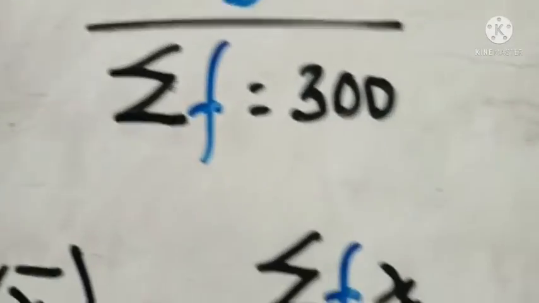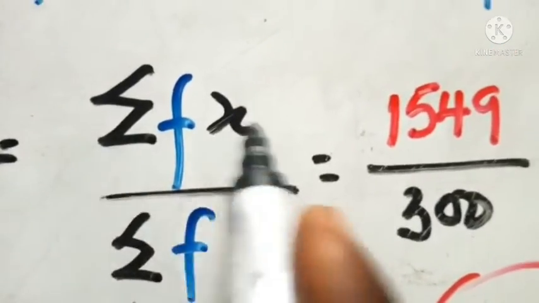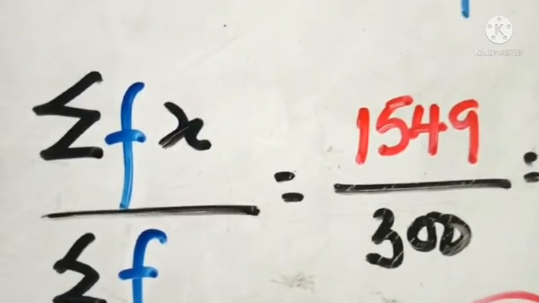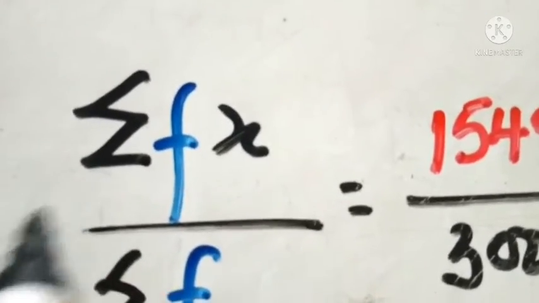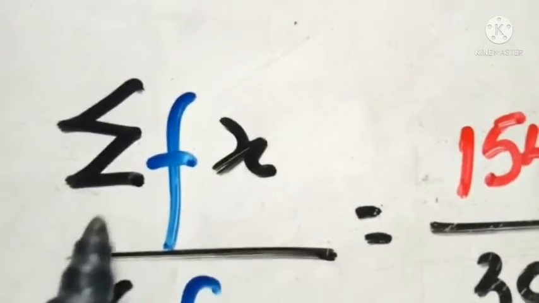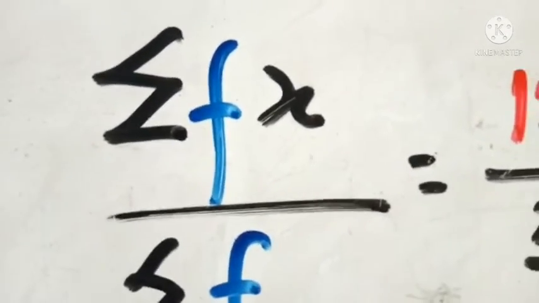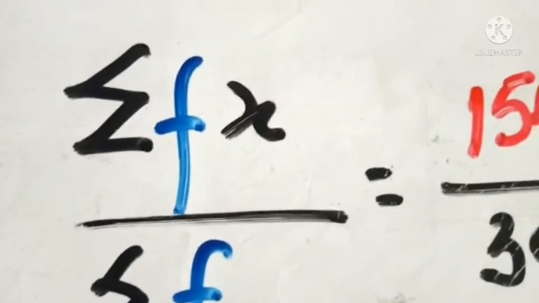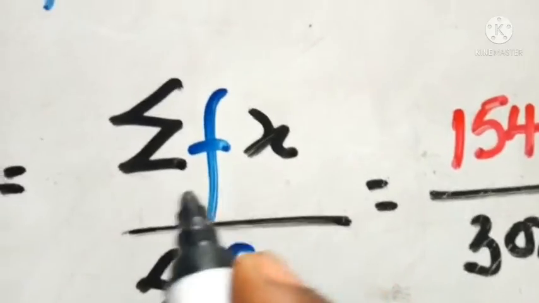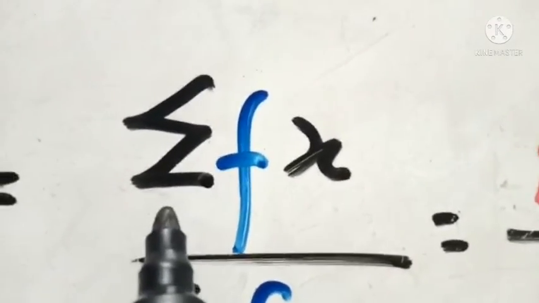In mathematics, to apply any formula, you have to know where the numbers are coming from, right? Once you're able to do that, you are free to go. So this stands for summation, this is the frequency f. The function of the sigma is to sum everything that comes after it, or in front of the sign here, right?